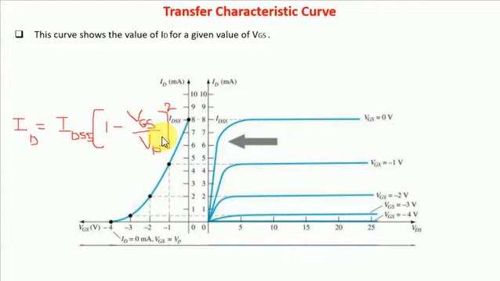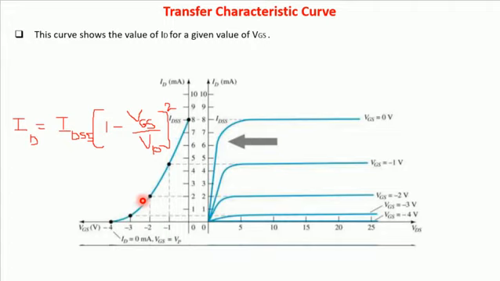The relation between ID and VGS is a squared relationship which produces a curve that grows exponentially for a point of time.